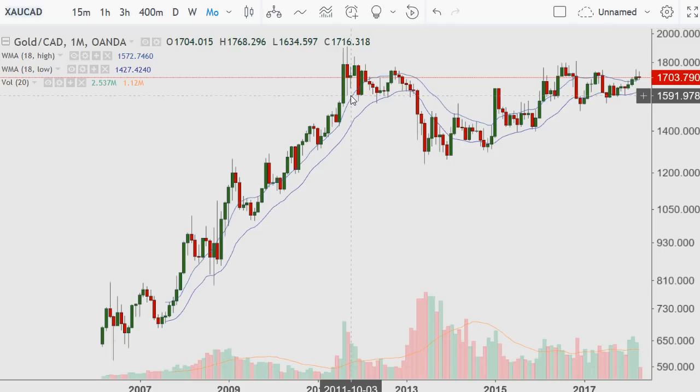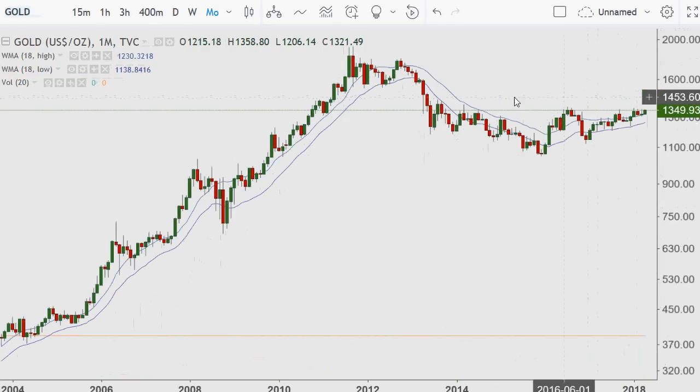So it's retracing in the middle part of its leg higher. So it's doing a little bit better in that sense when you compare it to gold against the US dollar, which its support level was 1545 and its high was also 1900.